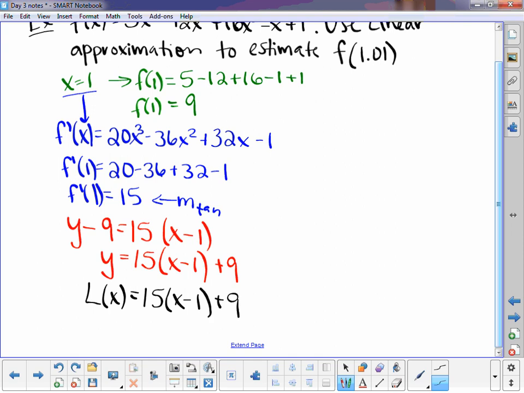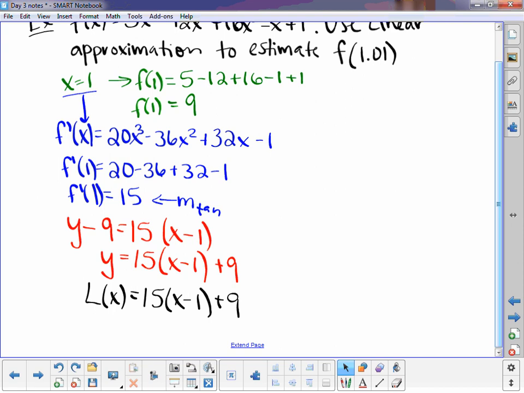So this red is my equation of the tangent line at x equal to 1, tangent to the graph of f of x. By using L of x, what this indicates is, hey, this is the equation that I'm going to use to approximate. This is the linear approximation equation that I use. So it's just simply changing the notation to indicate this is a linear approximation. Not really necessary for you to do that, but that's what that means.